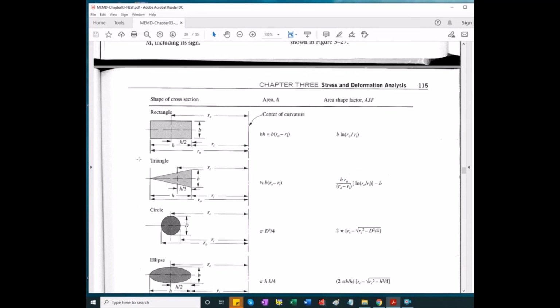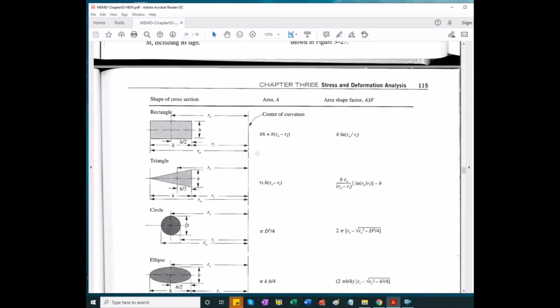So you need to read carefully, orient the cross section for your problem, and identify RI, that is internal radius, outer radius, as well as the radius through the centroid of the cross section.